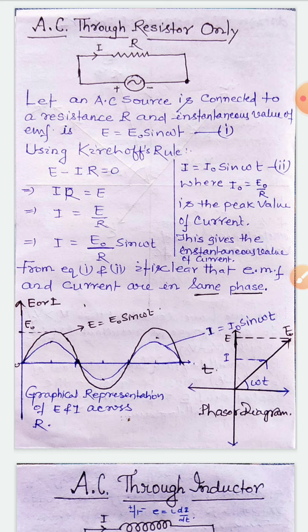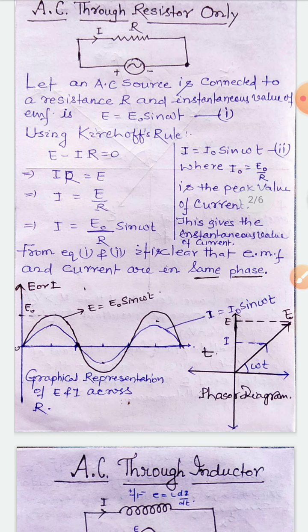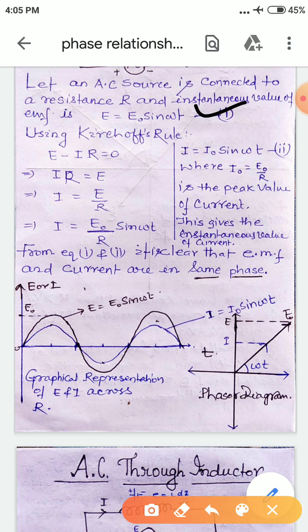That's why we are putting an arrowhead here. Now if E is equal to E naught sine omega t be the instantaneous value of EMF in the circuit, then our aim will be to find the expression for current at that instant in the circuit, and that too as a sine function, so that we can compare their phase angle.